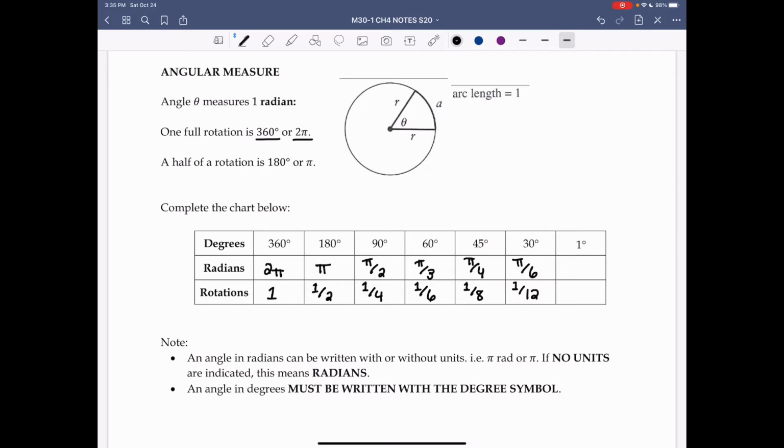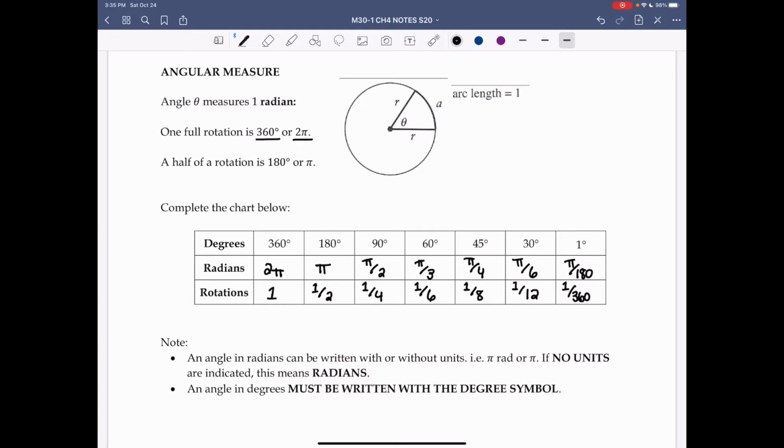We have 360 degrees in one rotation, so that would be 1/360th of a rotation. Calculate the radians on that. 2 pi is a full rotation. Multiply it by 1/360 would be 2 pi over 360. That would simplify to pi over 180.